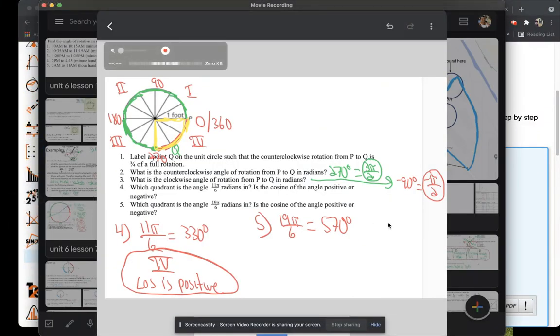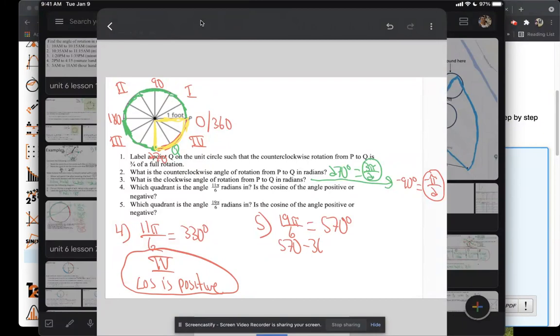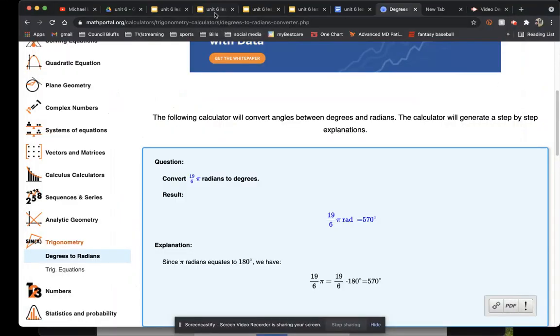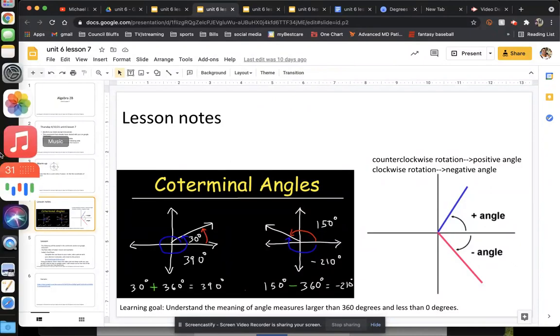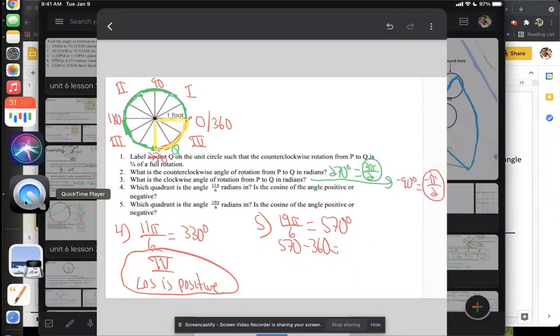To figure out what angle that would be between 0 and 360, I have to take 570 and subtract 360 in order to get a coterminal angle. That goes with our lesson 7 notes. I'm going to use the calculator on my phone: 570 minus 360, and I get 210 degrees.